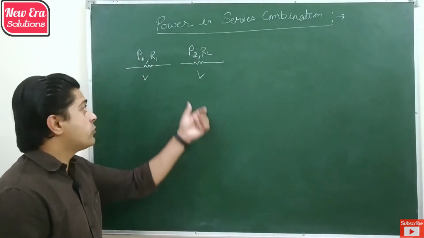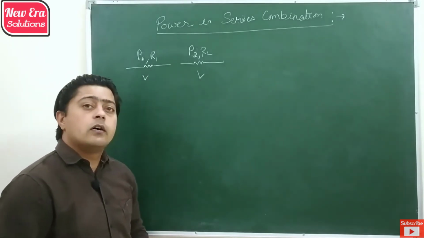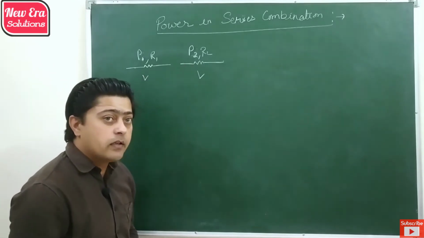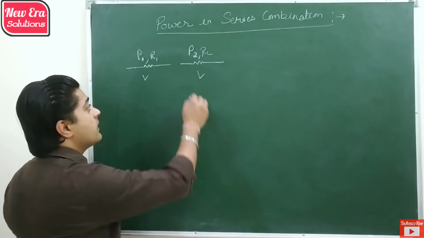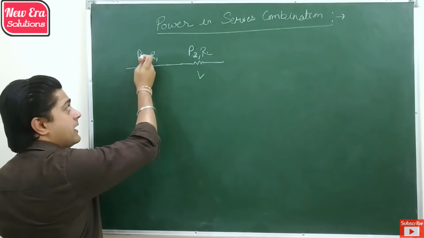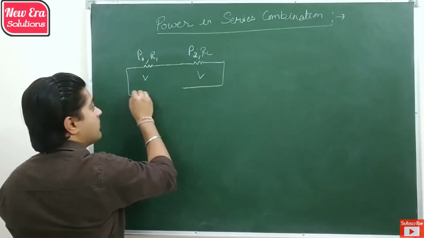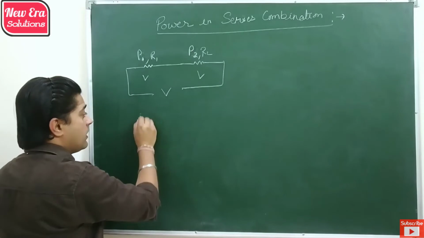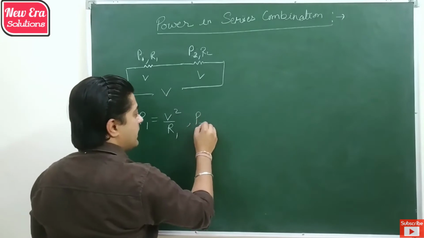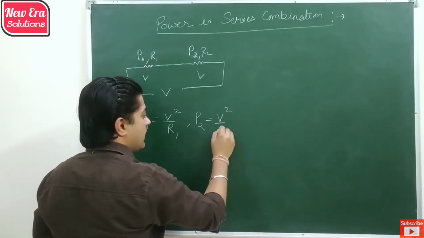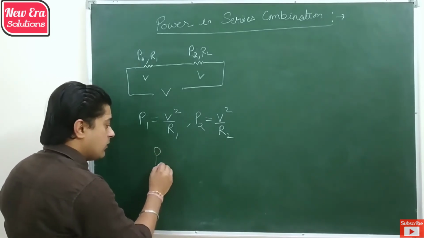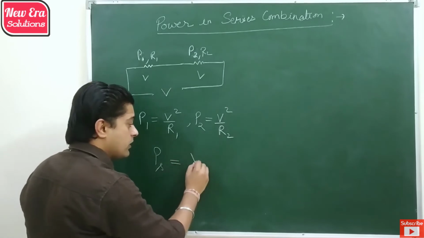We have two resistors R1 and R2 which have power ratings P1 and P2 when they are operated at a potential V. If they are connected in series and operate at the same potential, then the initial power of each device is V square by R1 for the first device, and P2 is V square by R2 for the second device.